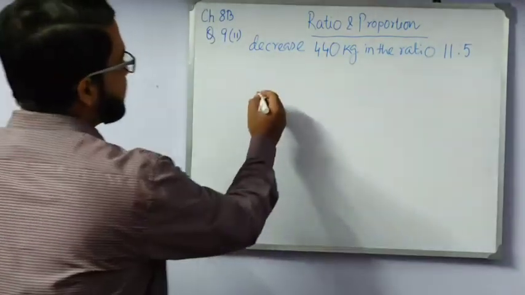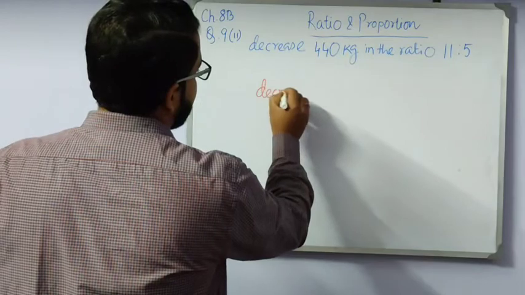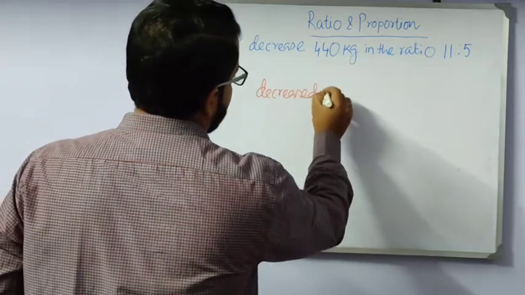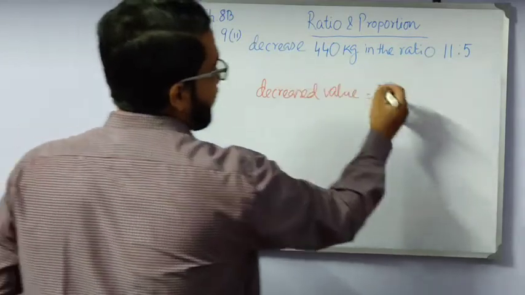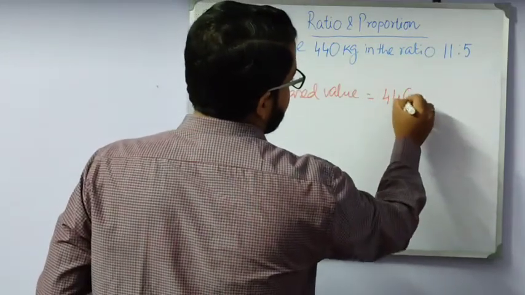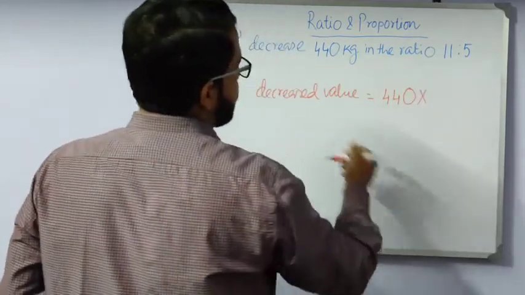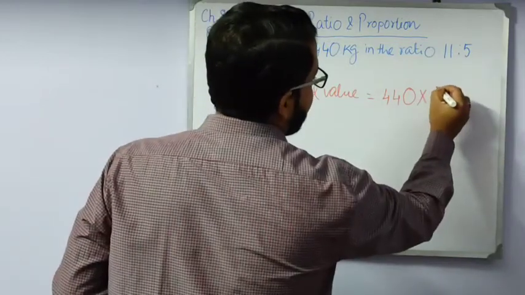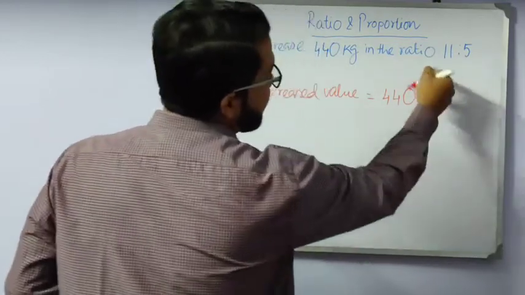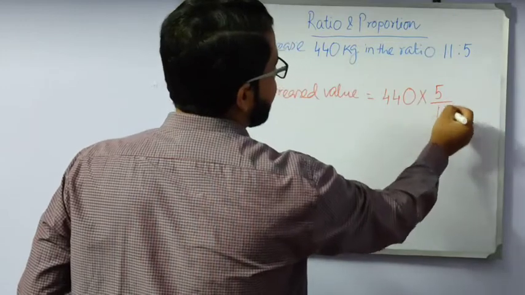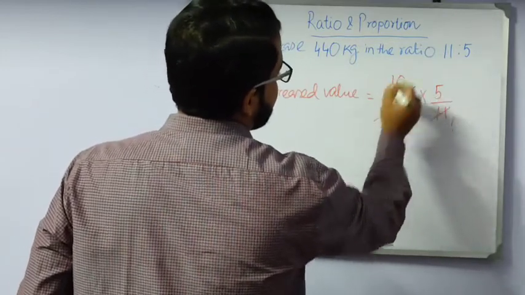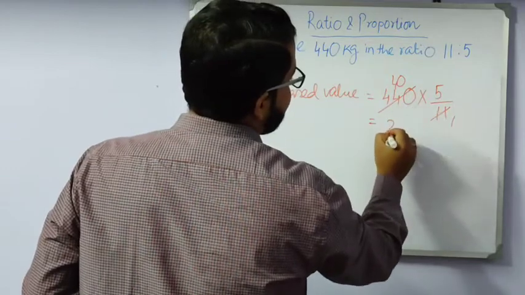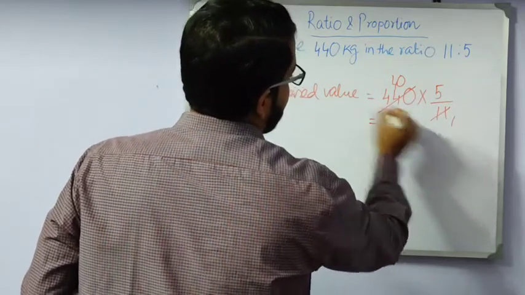So the decreased value is equal to the total amount into decreased, meaning 5 in the numerator and 11 in the denominator. 4 times, this 0 appears here, means 200.